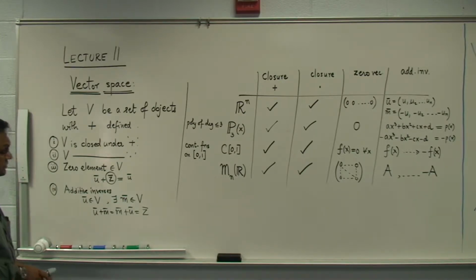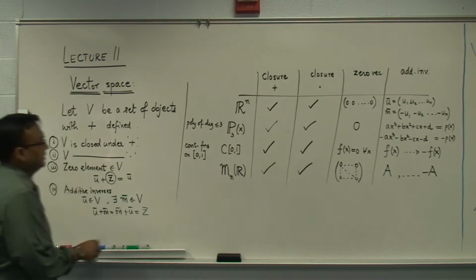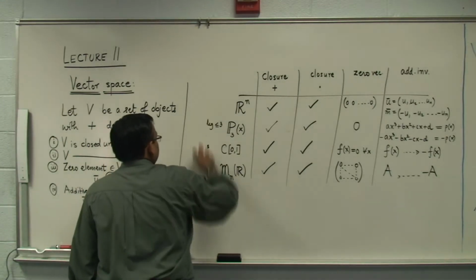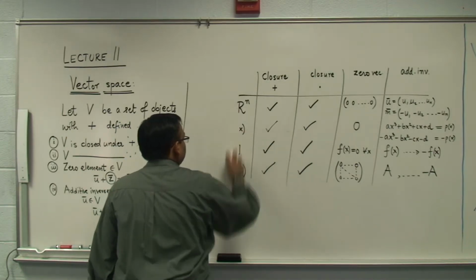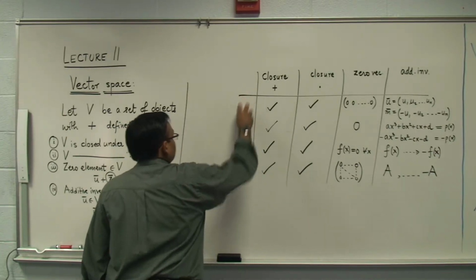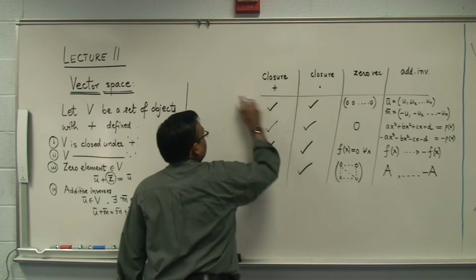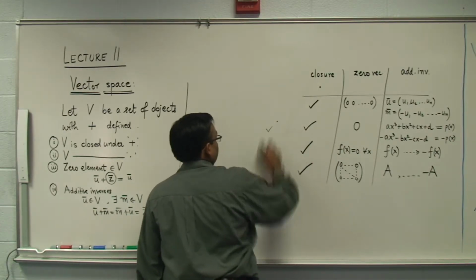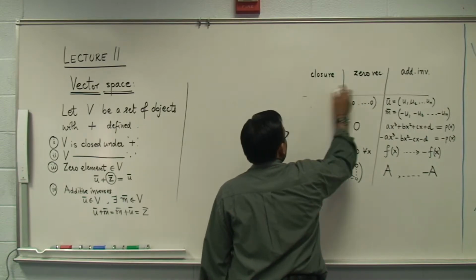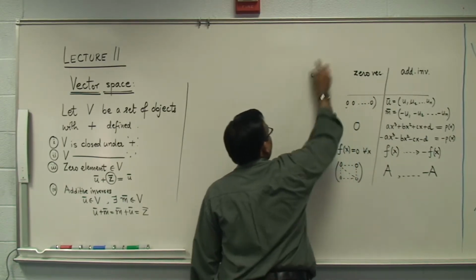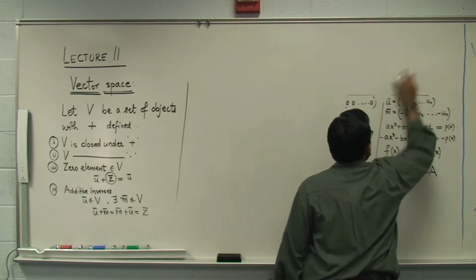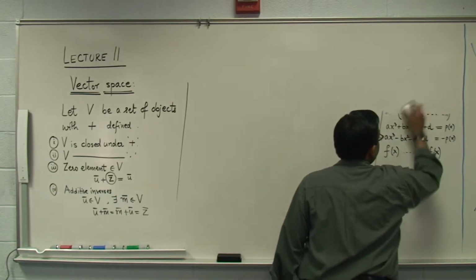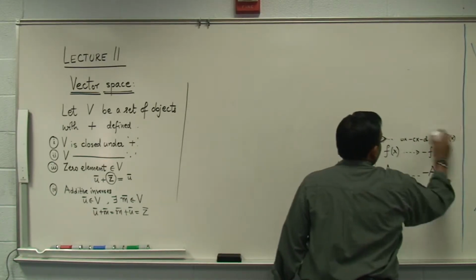Okay? So let's take it from here and see what other things I need to add. There's one thing that should have come by now: I haven't defined any kind of relationship between the addition and the multiplication, in the sense, how do they interact with each other? There are rules for that.